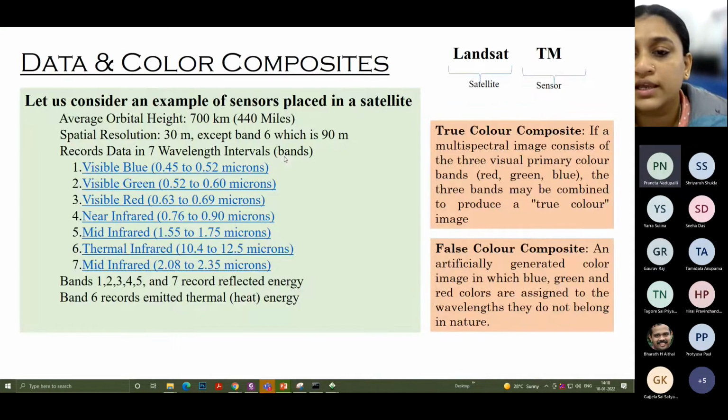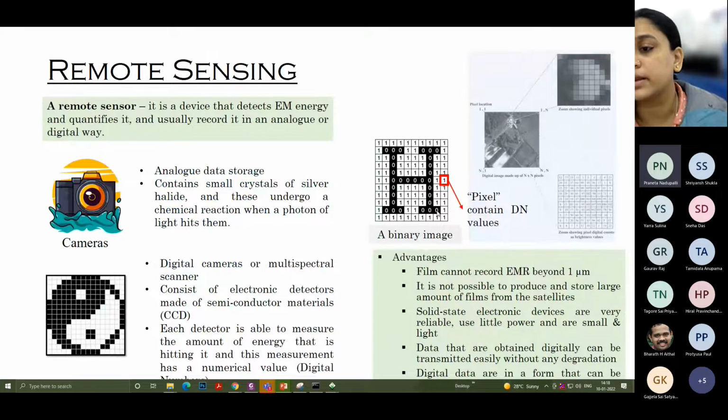So when I'm saying this 0 1, it is basically a binary image. It has data in terms of 0 and 1, but it could be an image which has more brightness values or more grayscale values. Then the values may vary.